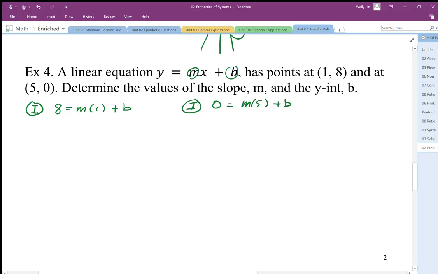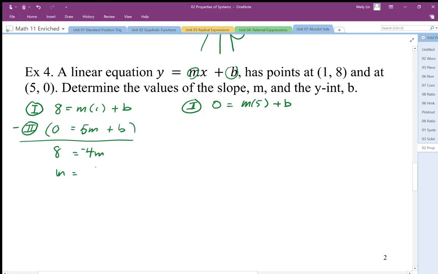Here I'm just going to subtract these two equations. So I'm going to take equation 2 and I'm going to subtract it. So 0 equals 5m plus b. Okay, when I subtract this whole thing, I end up with 8. 1m minus 5m is negative 4m. b minus b is 0.